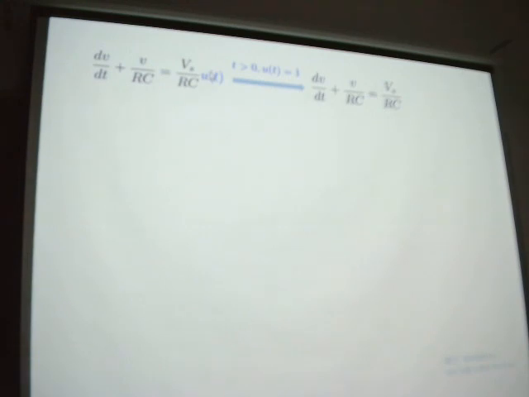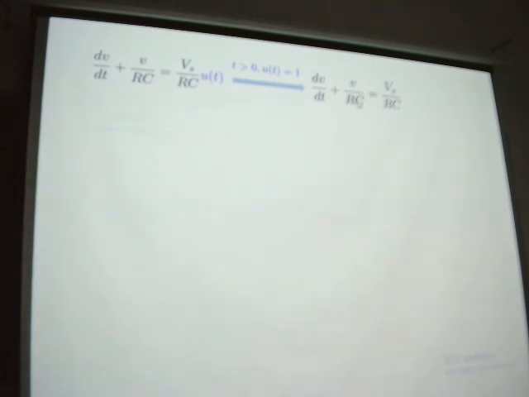And here we know our u(t) is a step function, and for a step function we can use t greater than 0, because when t is greater than 0, our u(t) is equal to 1. So for t greater than 0, we can use this equation instead of this one.